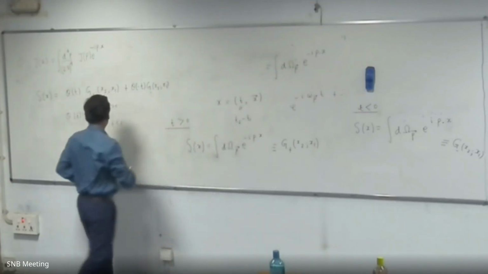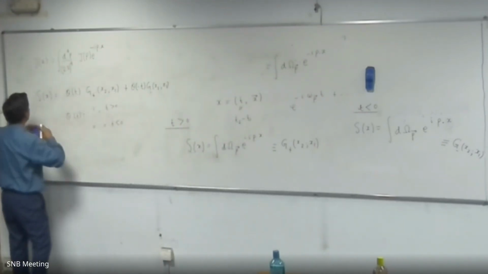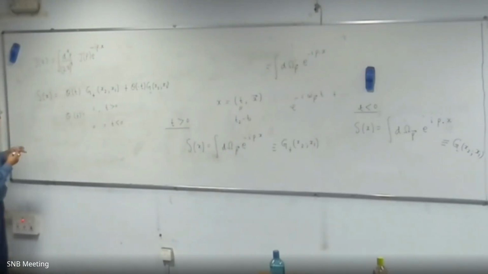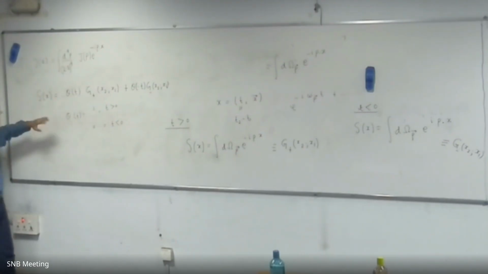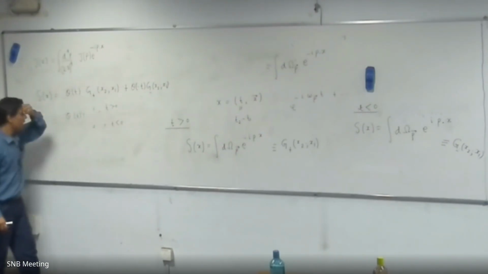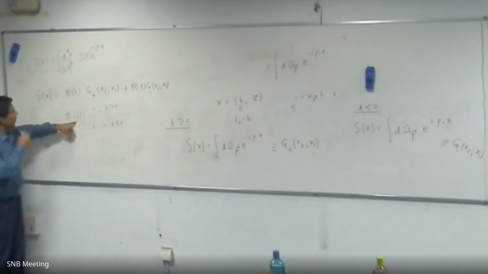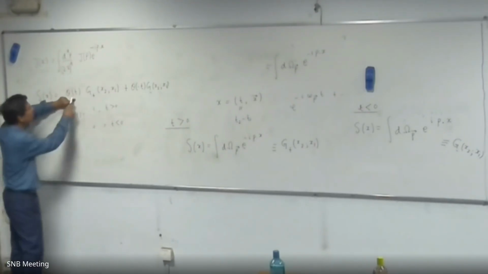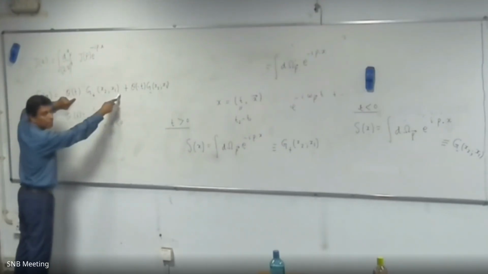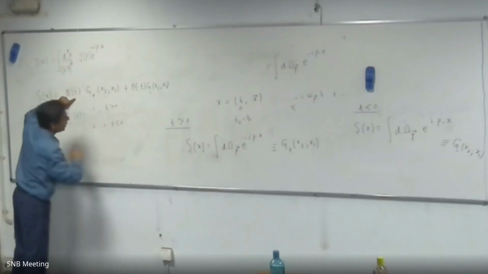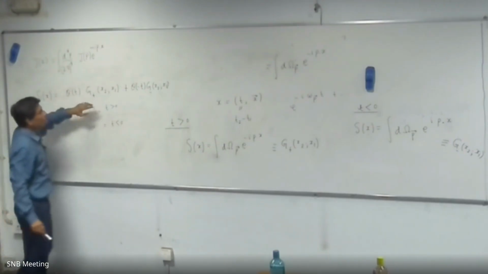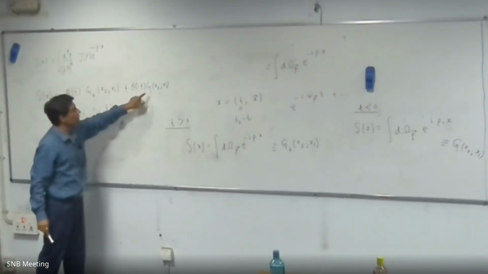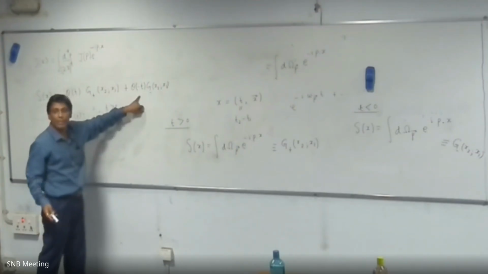So good, I don't require this, but I require this definitely. So you can see that the way I have written s of x for all t, now this has some time ordering. This fires only when t is greater than 0, and this is multiplied by g plus. This function has been defined for t greater than 0. When t is less than 0, this is 0. And when t is greater than 0, this part is 0. This fires only when t is less than 0.